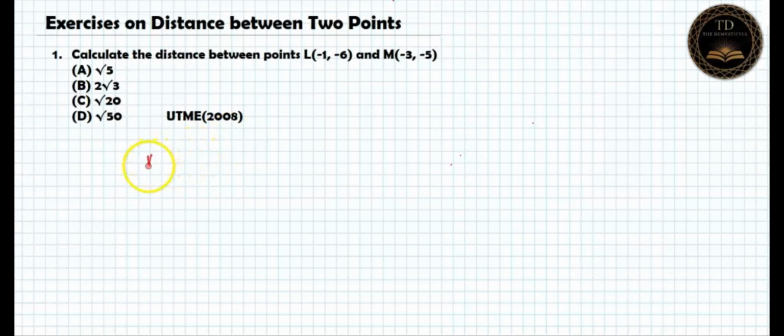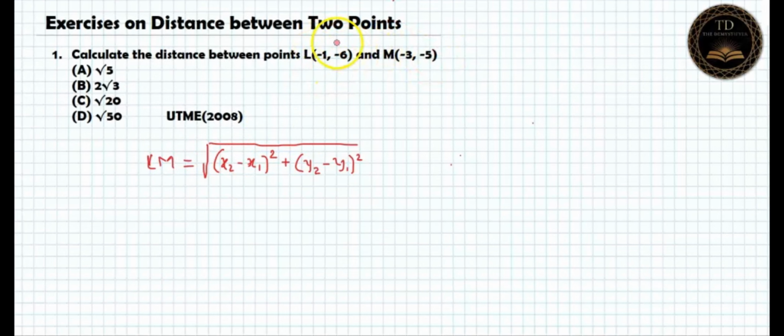LM, which is what we're looking for, will be equal to the square root of, remember the formula, x2 minus x1 all squared plus y2 minus y1 all squared. Now this is what we need to find the distance between L and M. What you do now is you go to the points that are given.